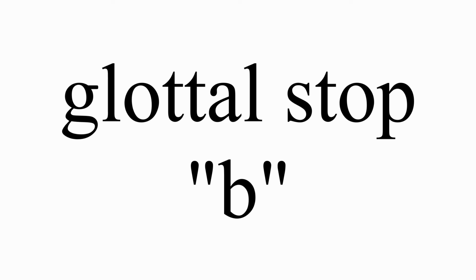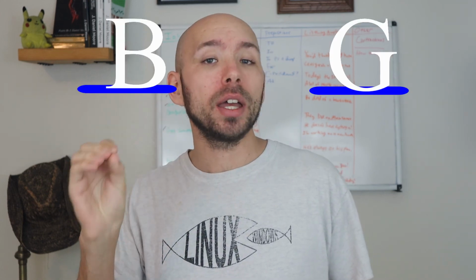Now what about the glottal stop B? So glottal stops work a little bit differently with voiced sounds, the B, G, and D sounds. You do everything the same as the voiceless glottal stops with one big difference.